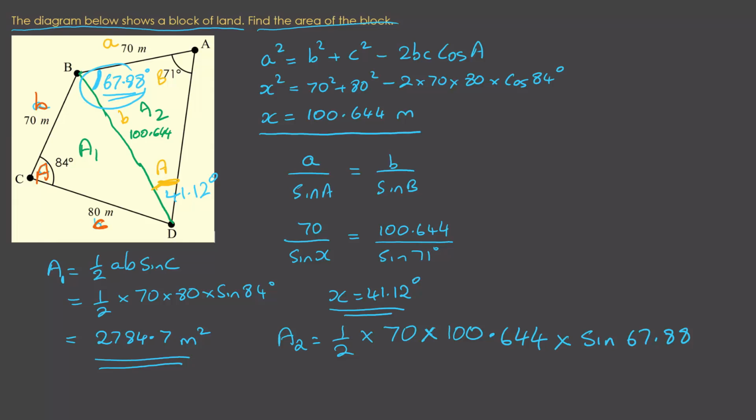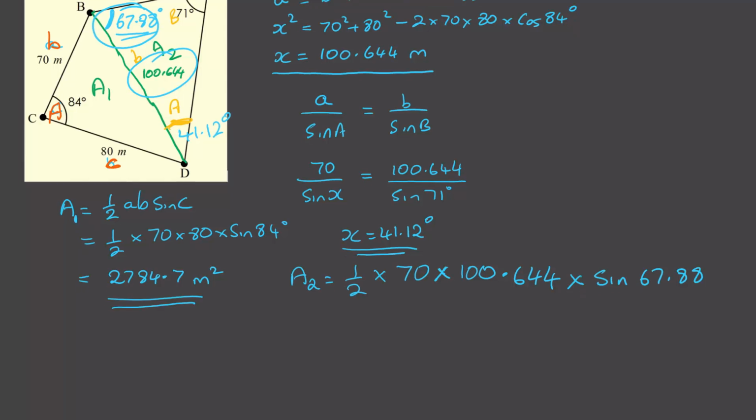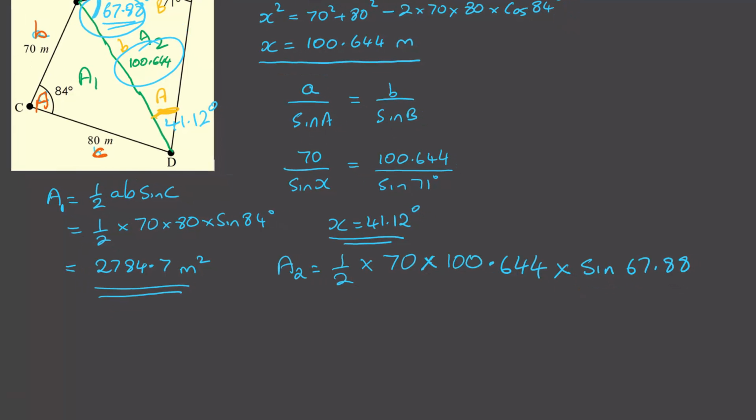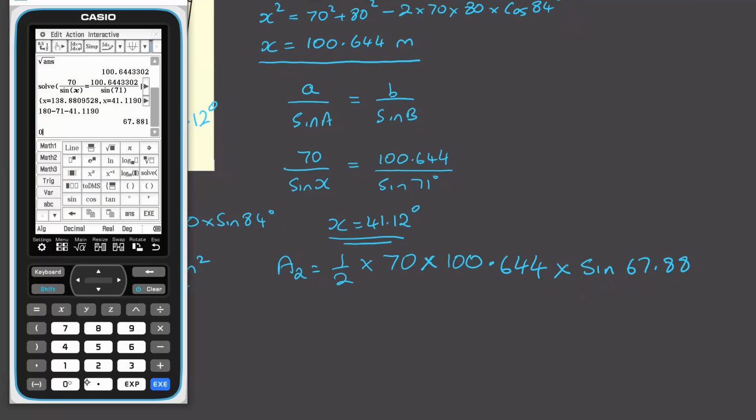So that's the angle in between the 70 and the 100.644. And we just need to calculate that. So we've got 0.5 times 70 times this answer from up here times the sine of this answer from here.